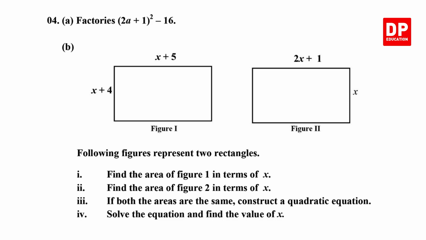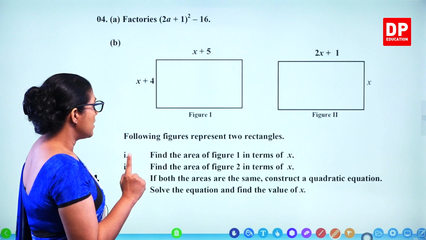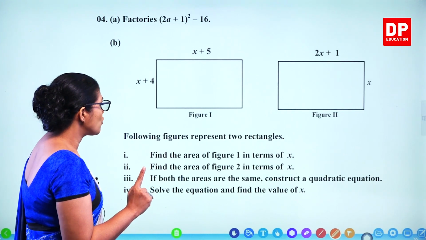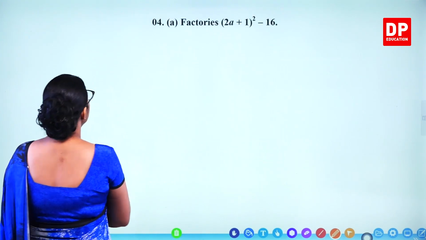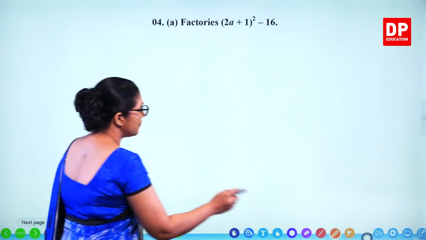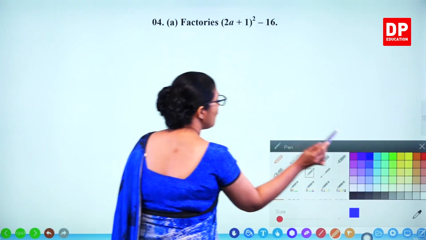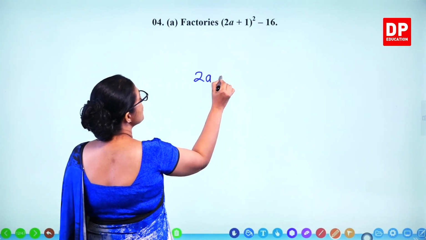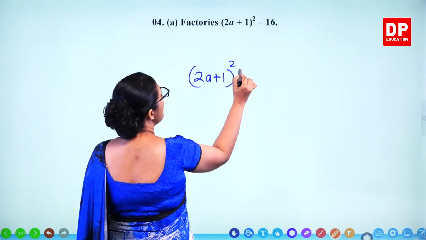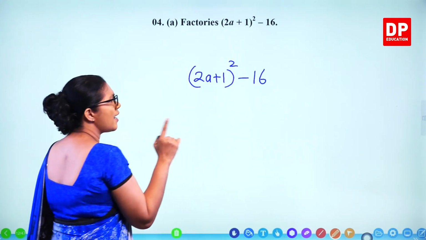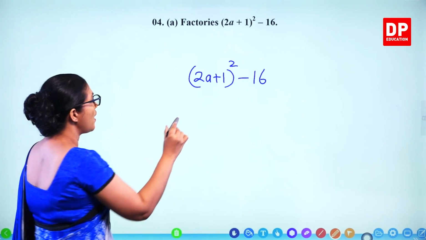Now we'll take the fourth question. You have to factorize, then construct a quadratic equation and solve. Factorize this: 2a plus 1 whole thing squared minus 16. Can you remember the difference between two square terms?